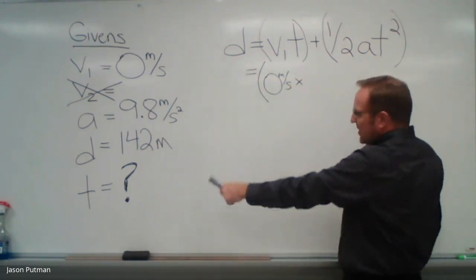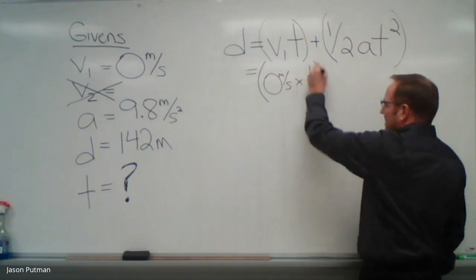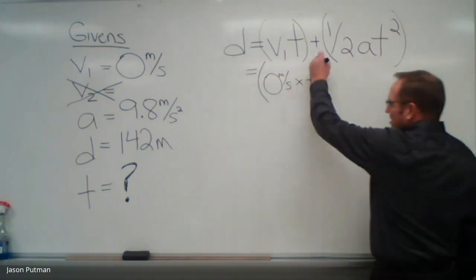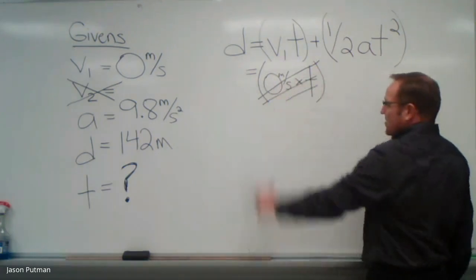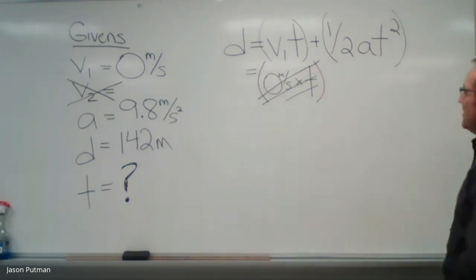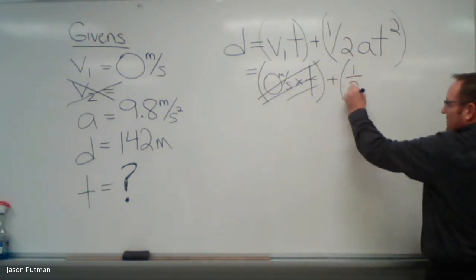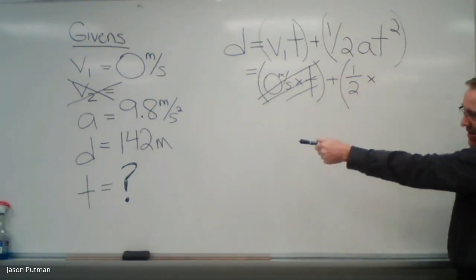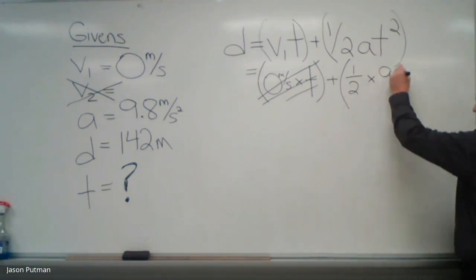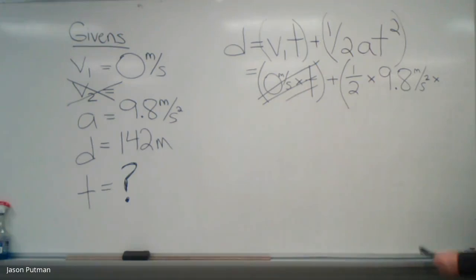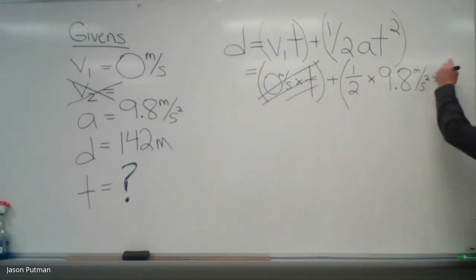Or sorry, you can't multiply by time because we're solving for time. 0 times t, that's actually just 0. 0 times anything is 0, so it completely wipes out that part of the equation. And you would add that to 1/2 multiplied by a. Your a for free fall is 9.8 meters per second squared, and multiply that by time, and time is the only thing that gets squared. And I can't sub in for it because that's what we're solving for. I forgot. t squared.